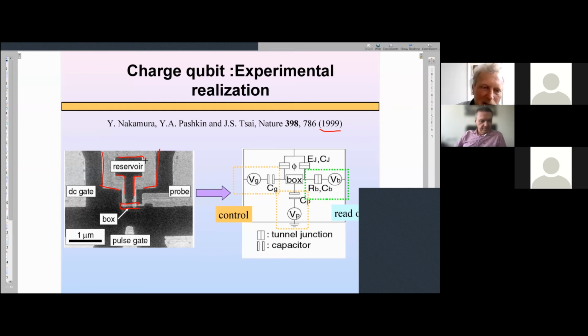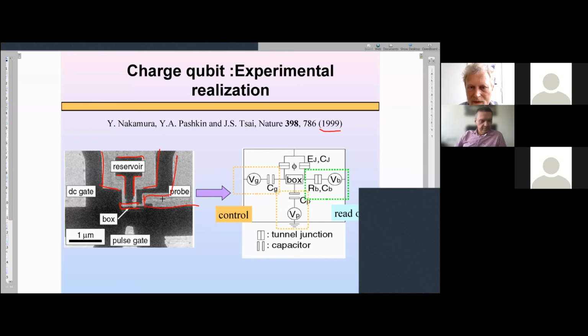It was a probe attached to the setup, and any time you are in a charge state of upper energy, it will decay to the probe and give you current in the probe.